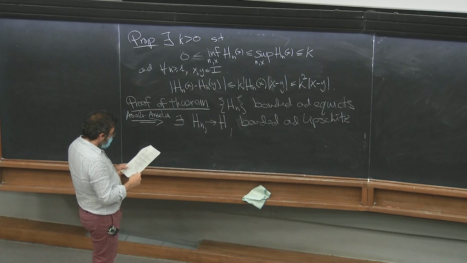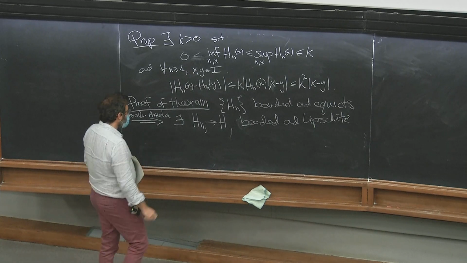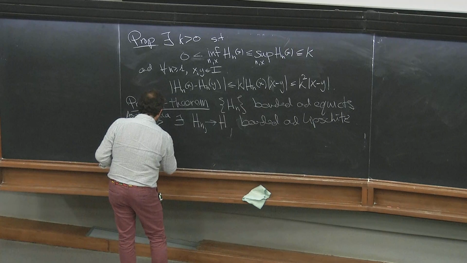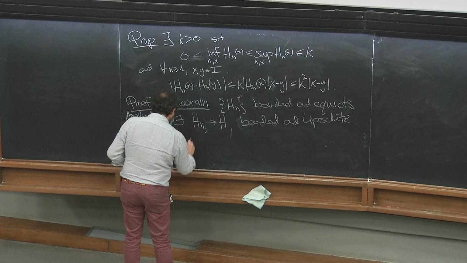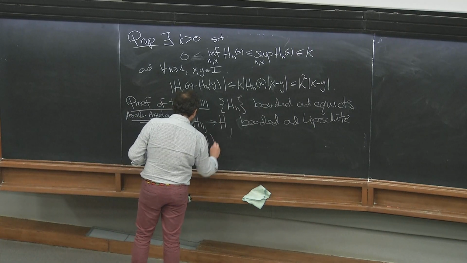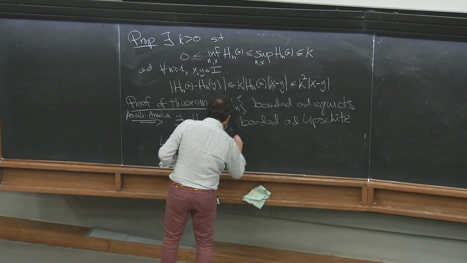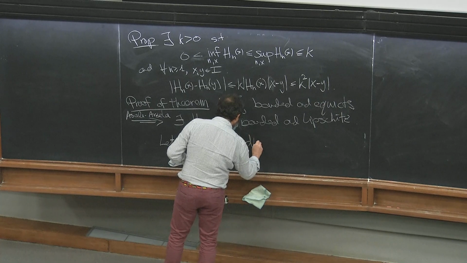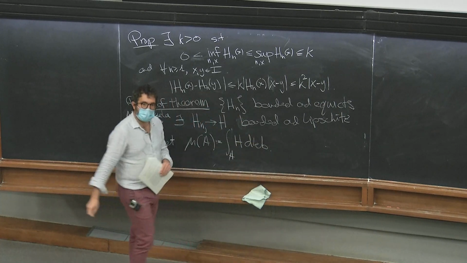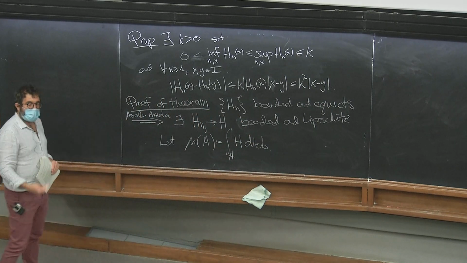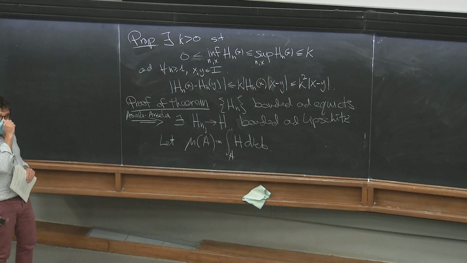And so now we can define a measure mu by having h as a density. And we claim that this is the measure we want, right?